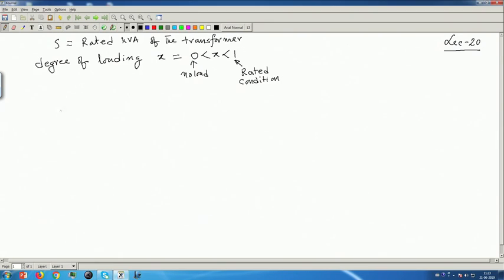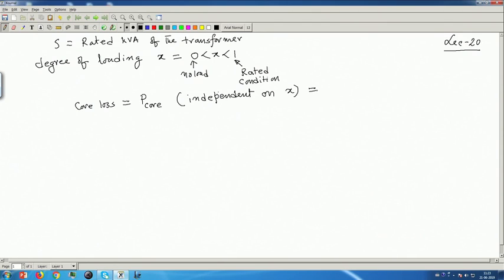I explained that there are two main losses in a transformer. One is the core loss, which I denoted by P core, and this is independent of x, the degree of loading.